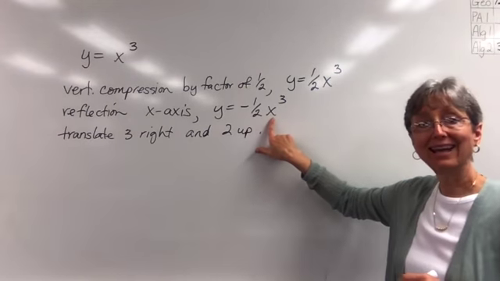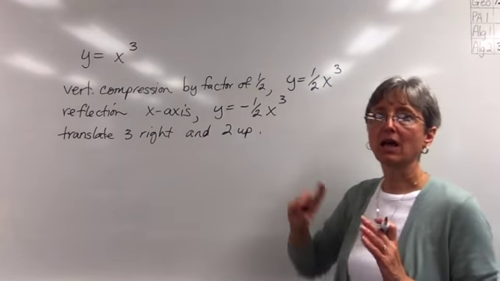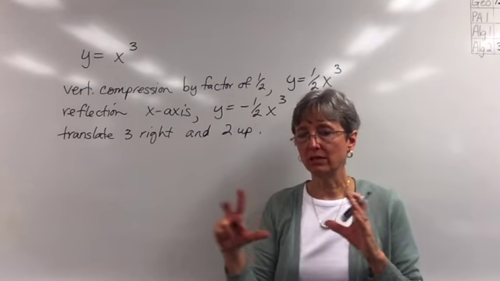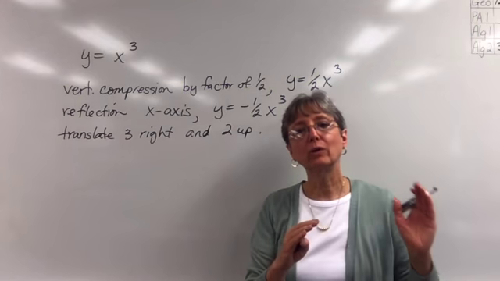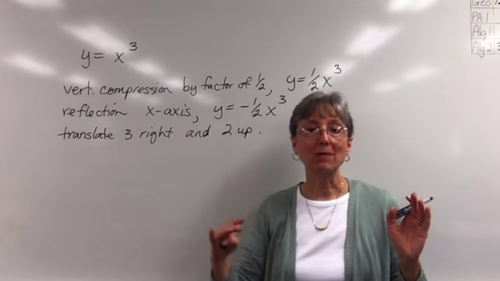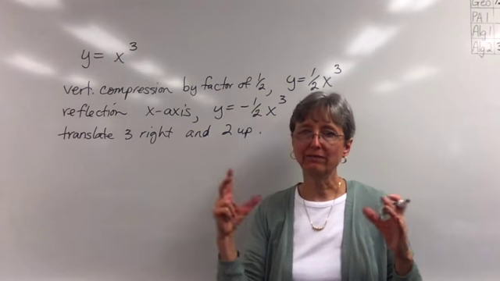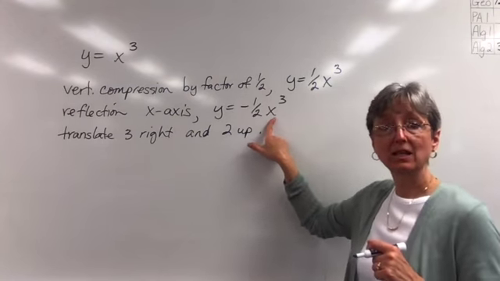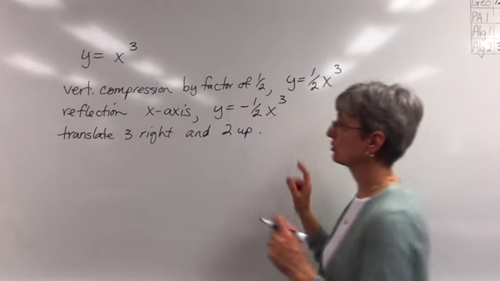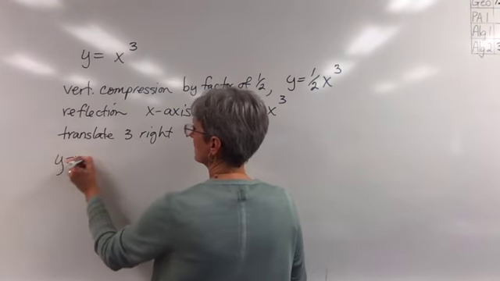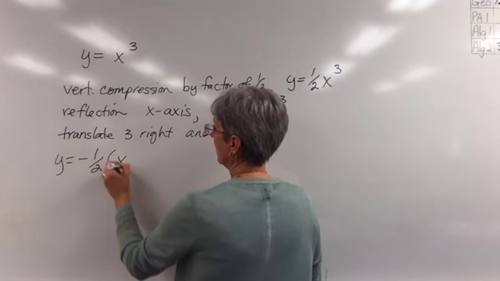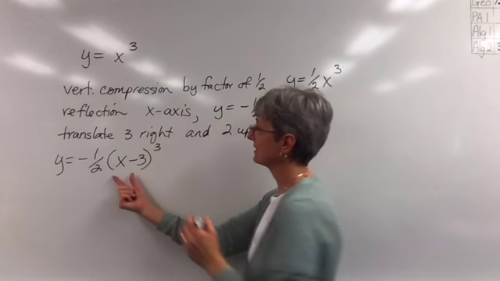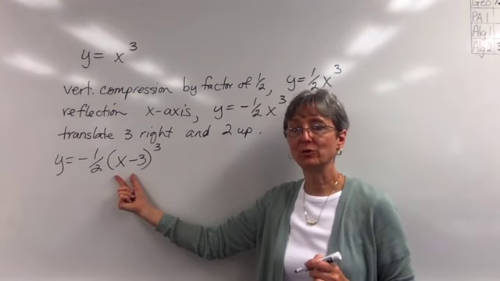So my x becomes x minus 3. Remember, we do the opposite in horizontal. If I want to go 3 to the right, then I've got to go x minus 3. It's sort of like the factors and the zeros idea. So y is negative 1/2, and our x goes from x to x minus 3, and that's how you would do 3 to the right.